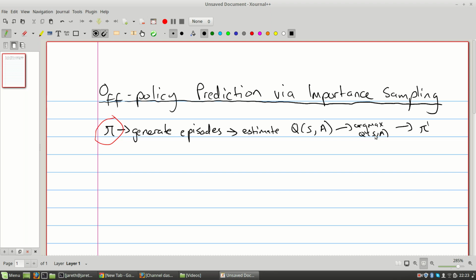And so what we had said was, if we denote A star to be the argmax over all actions of Q(S, A), then we would update our policy as follows, the probability of taking an action in some given state.